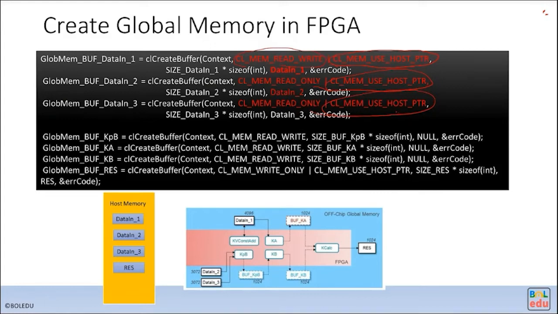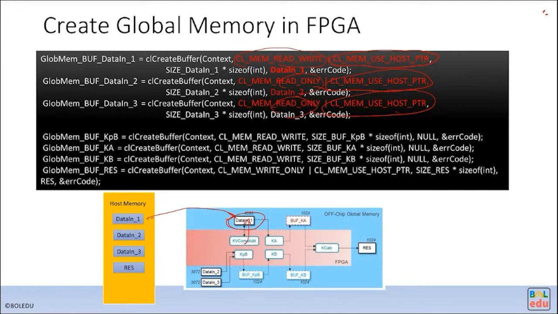For example, the data in 1 buffer is read from the host memory, and also written by the kernel constant add. So that's why its read-write attribute is read and write. And the data in 2 and 3 is read only, not written to by the kernel functions.